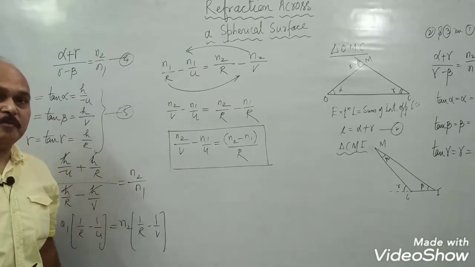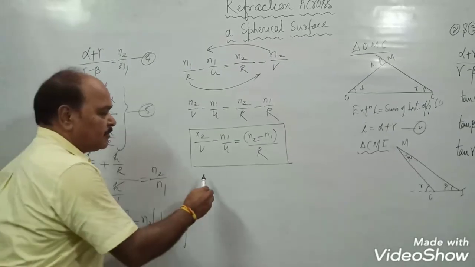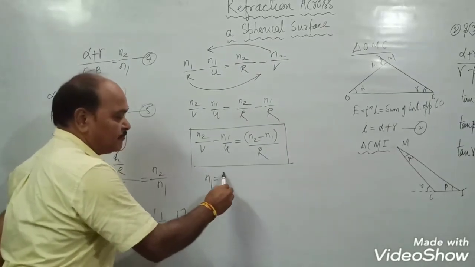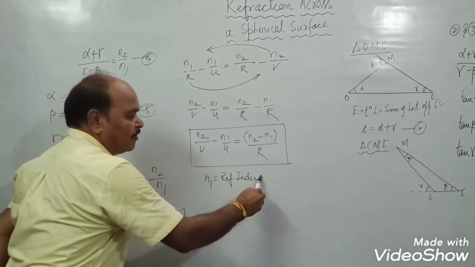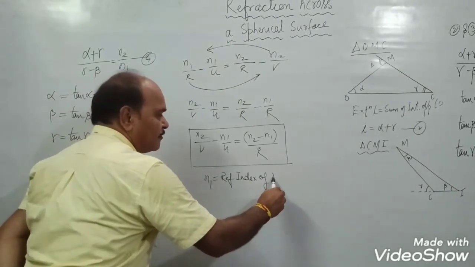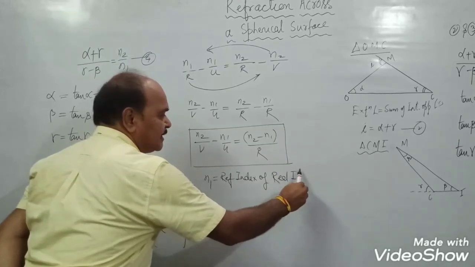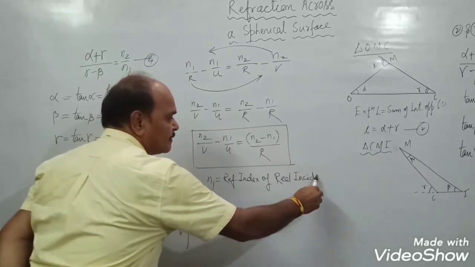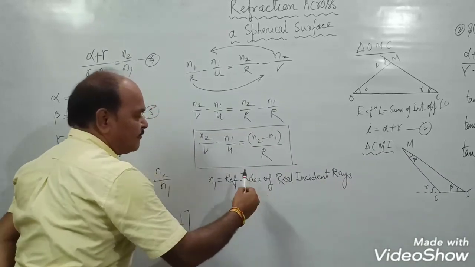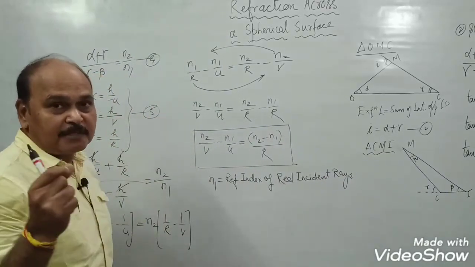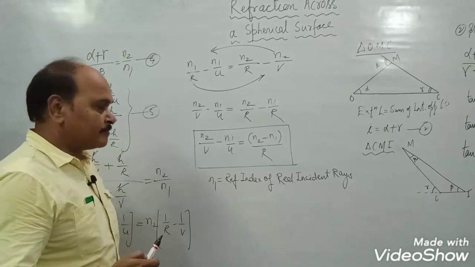Very, very important formula. What is this n1? This n1 is the refractive index of the medium where we place the real object, of the real incident rays.